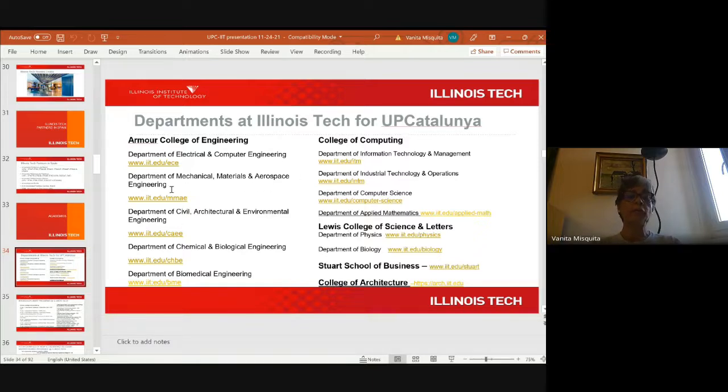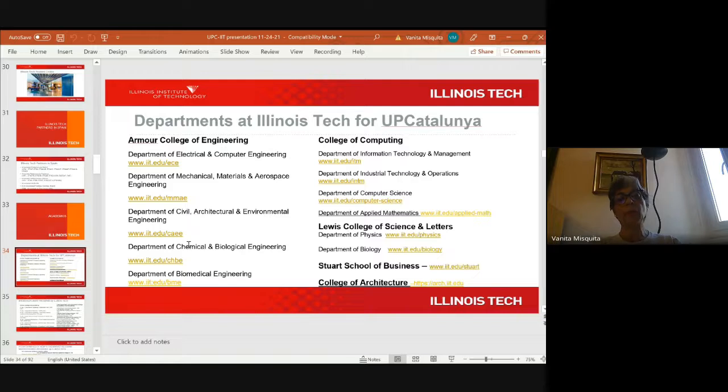Similarly, if you're from Industriales or if you're from ESEIAAT Terrassa, you can choose the Department of Mechanical, Materials and Aerospace Engineering. Follow the same procedure. If you're from Camins, you can choose the Department of Civil, Architectural and Environmental Engineering.